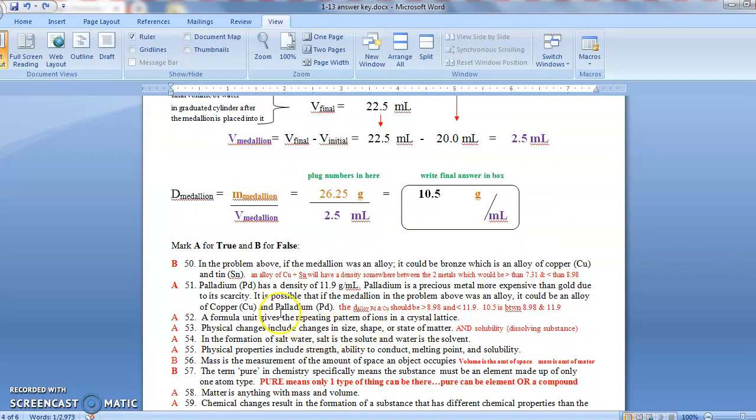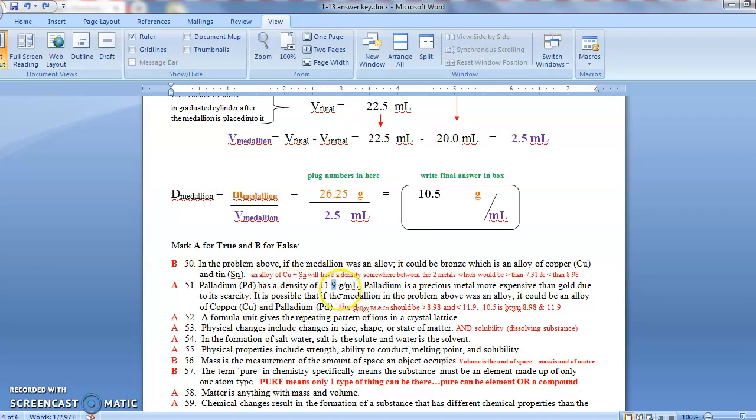That's false. Palladium has a density of 11.9. Palladium is a very precious metal. It's actually more expensive than gold now because of its scarcity. But could this medallion be an alloy of palladium and copper?